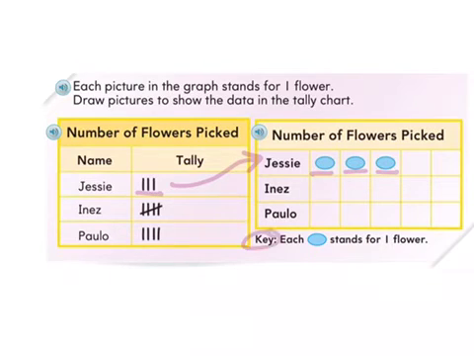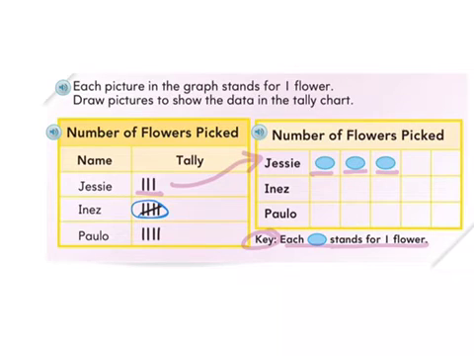And this key down here tells us each blue oval stands for 1 flower. So Inez picked 5 flowers and Paulo picked 4 flowers. What this wants us to do is finish the picture graph.